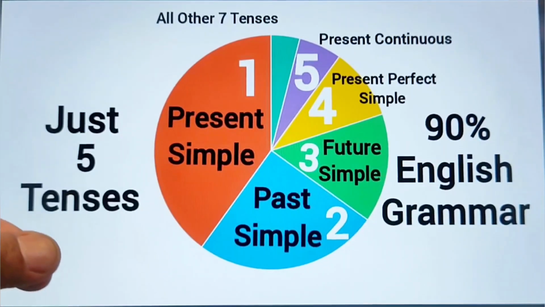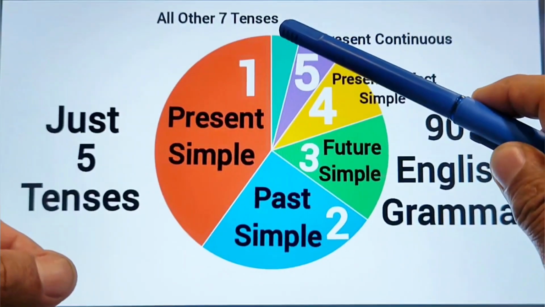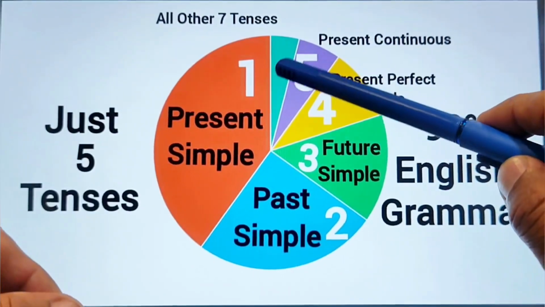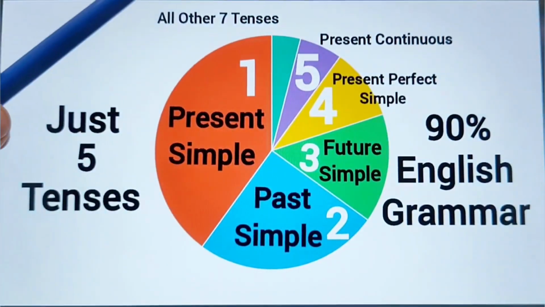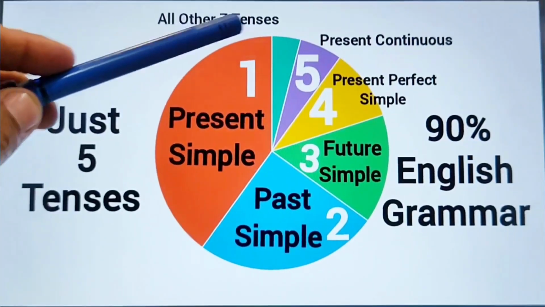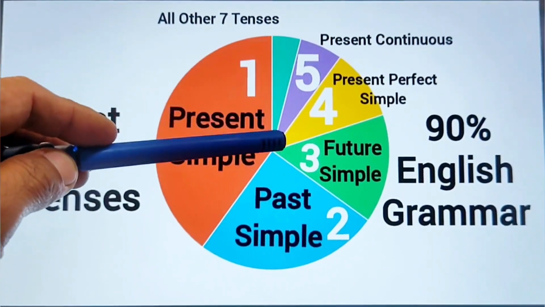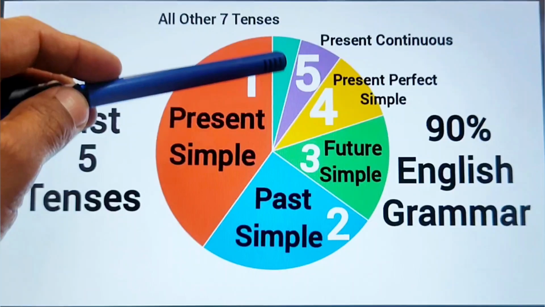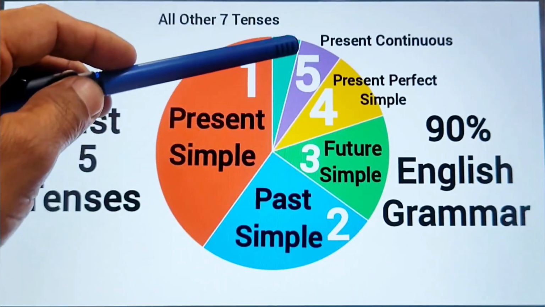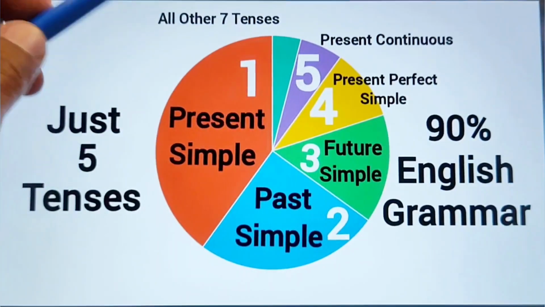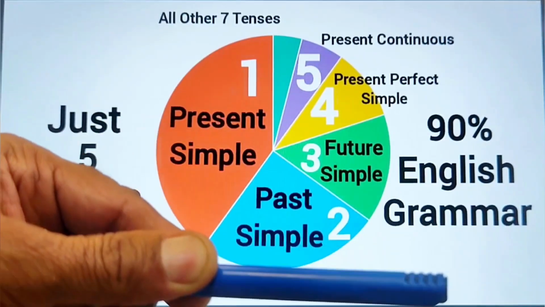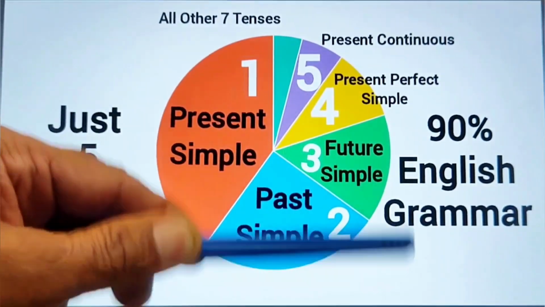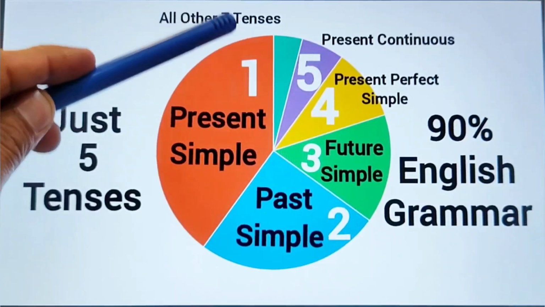And the rest, this one small area, is covered by the remaining 7 tenses. We use these tenses very rarely, not in daily life conversation. Only on special occasions, when we have a special expression, do we use these 7 tenses.